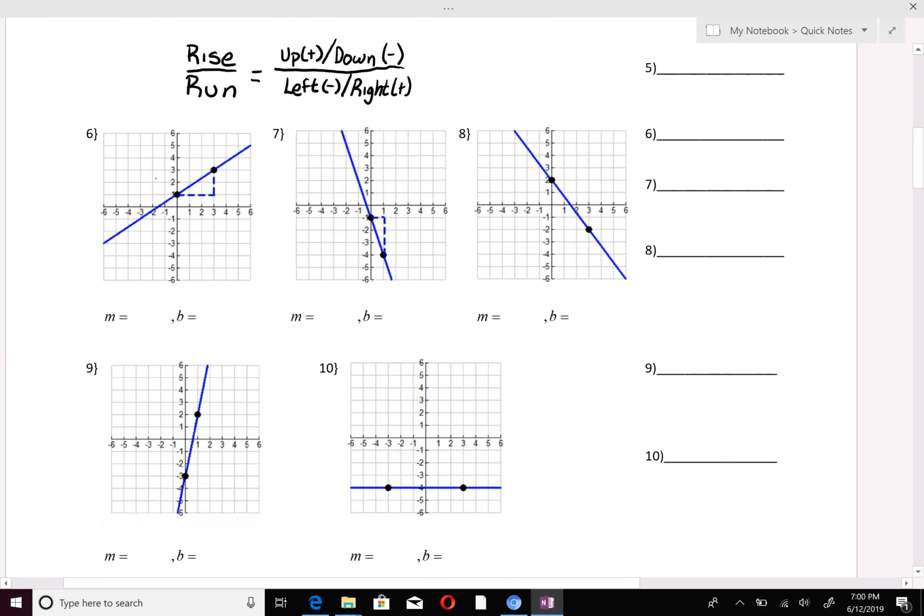So for number 6, you want to first look at your y-axis, so the one that runs up and down, and you want to see where that line crosses. So our line here crosses at 1, and that's what our b is. It's positive 1.